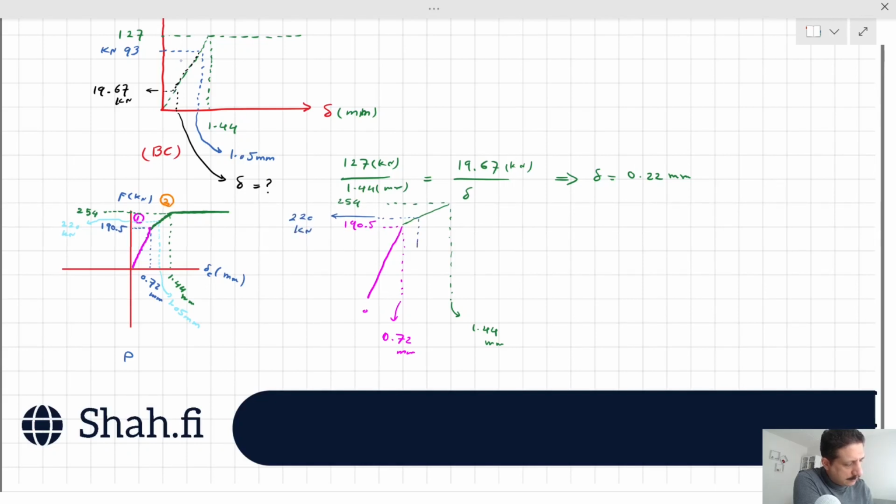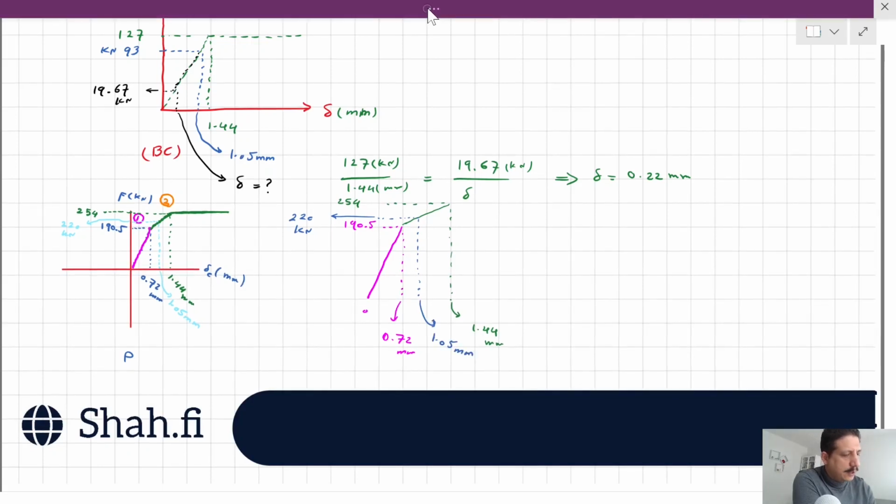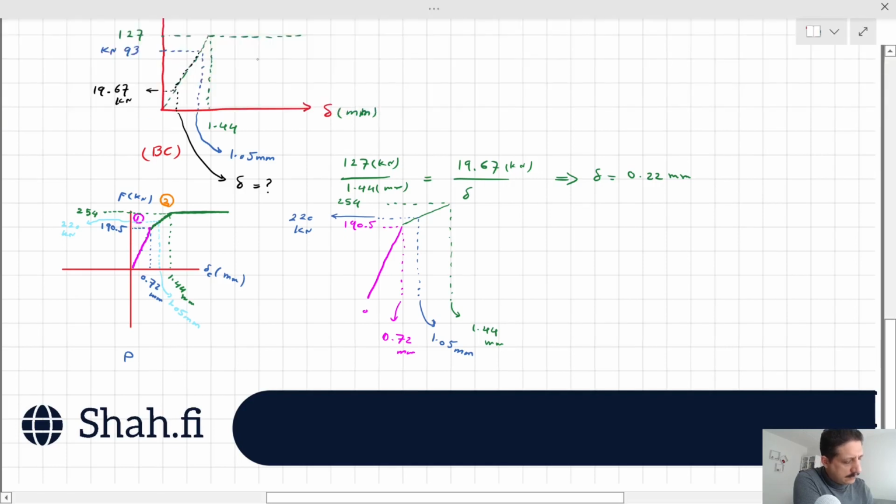And the corresponding deformation is 1.05 millimeter. Now, if you want to work with this graph, you just need to sketch a parallel line to the elastic side, and this will be delta permanent.